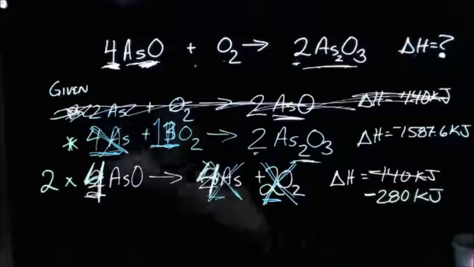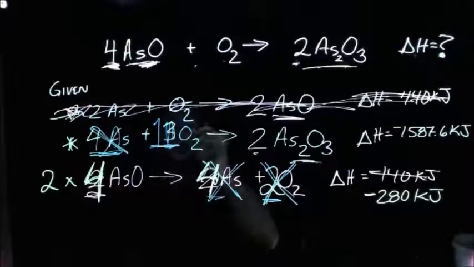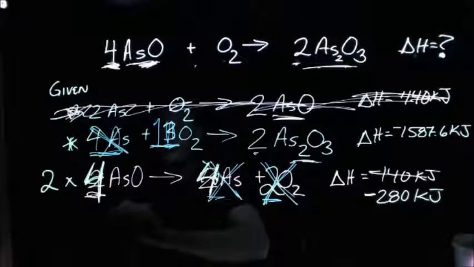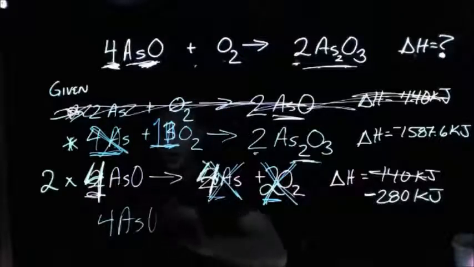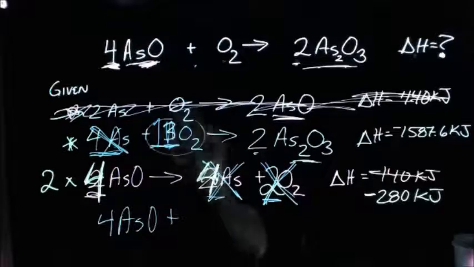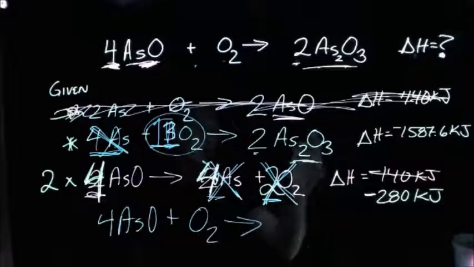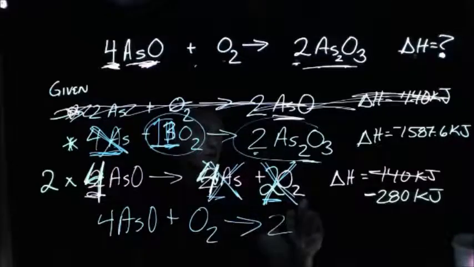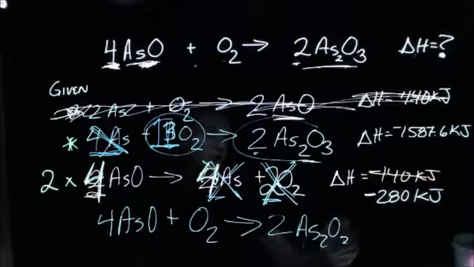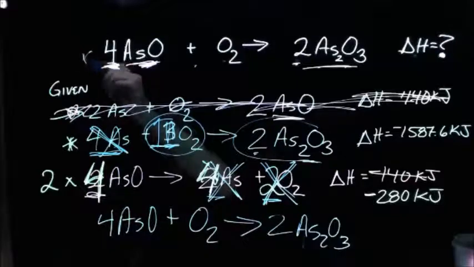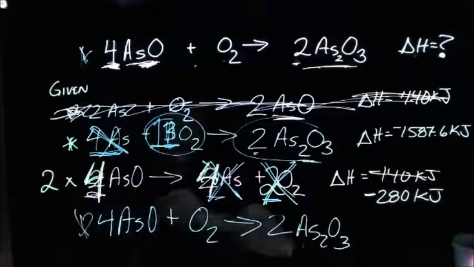And that leaves us with an overall equation, let's see, of 4 AsO plus this guy, the 1 O2, yields, and the only product left standing are the 2 moles of As2O3. So that this equation matches that equation.